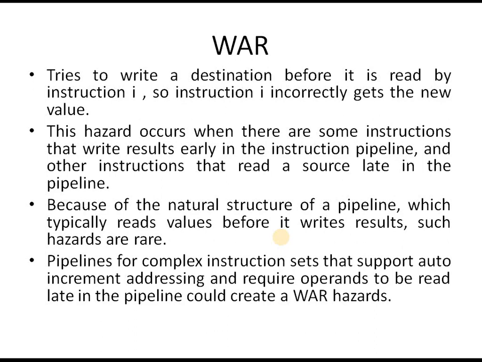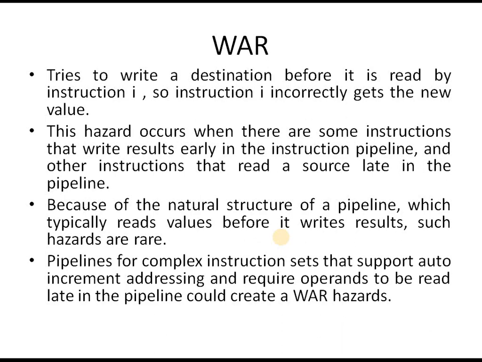WAR. Instruction J tries to write a destination before it is read by instruction I, so instruction I incorrectly gets the new value. This hazard occurs when there are some instructions that write results early in the instruction pipeline and other instructions that read a source late in the pipeline.